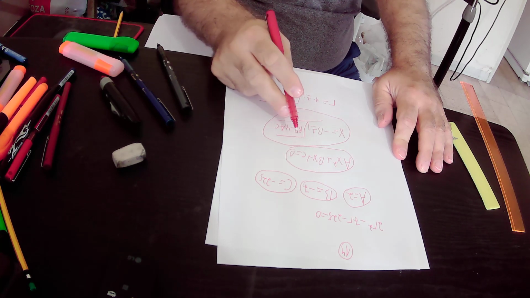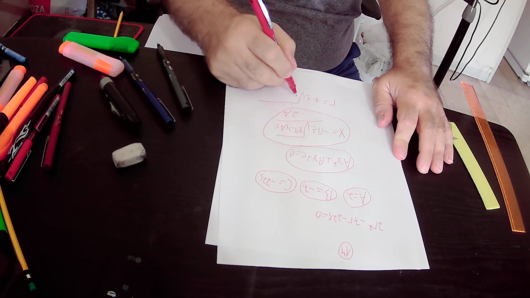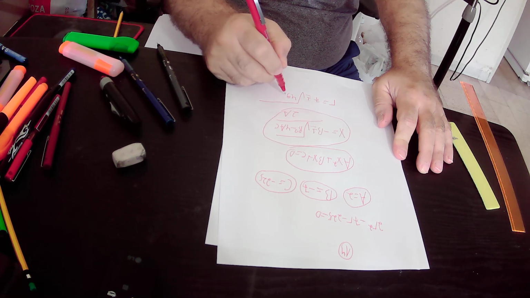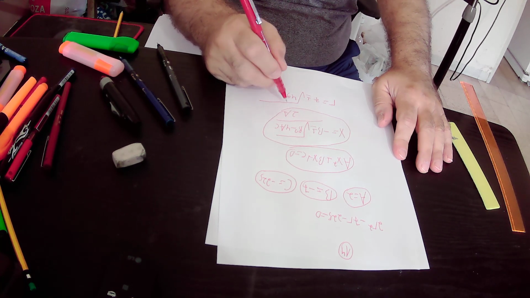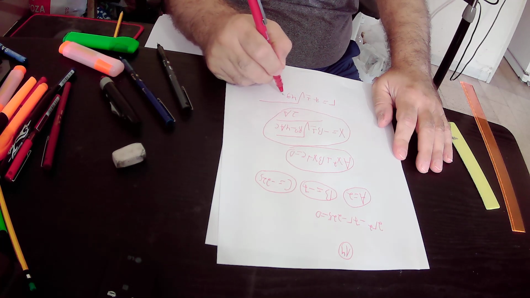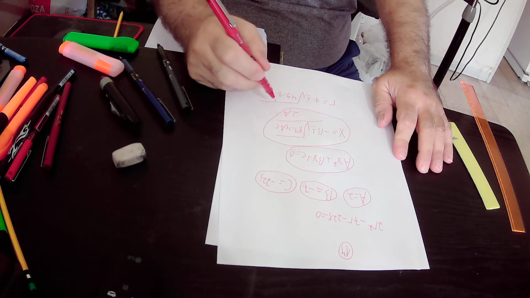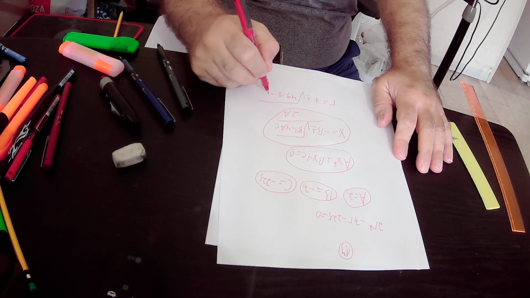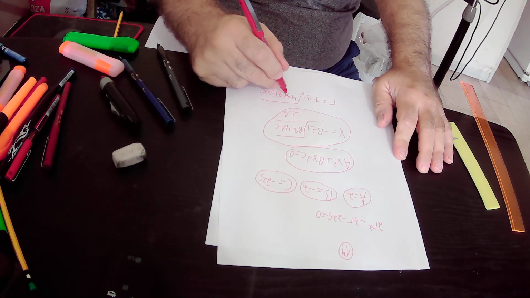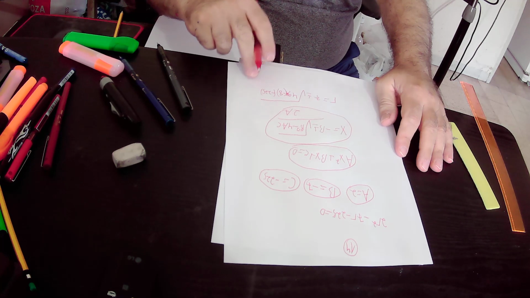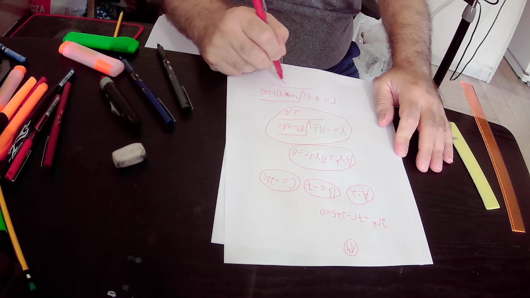B equals to minus 7, so minus 7 squared is 49. Minus 4 times a equals to 2, so 4 times 2 is minus 8. Times c is minus 225. Over 2a is 4.